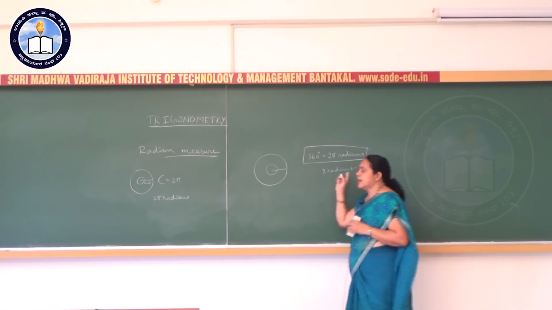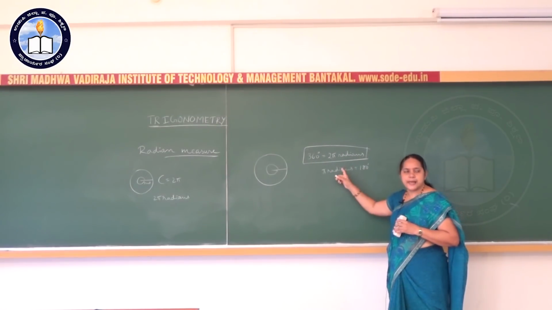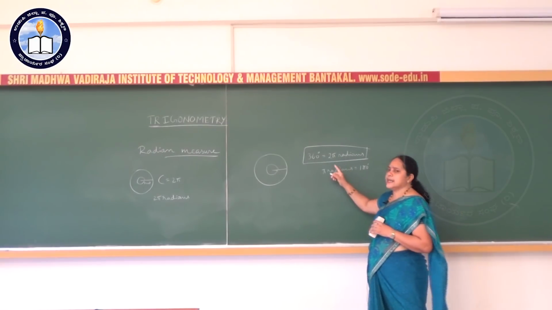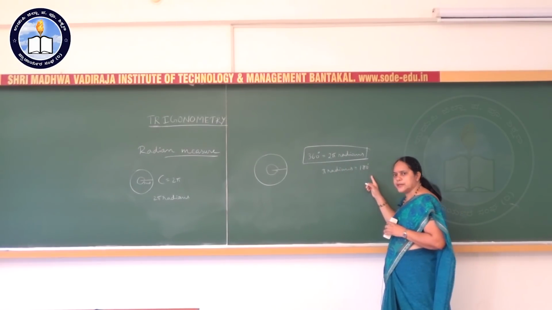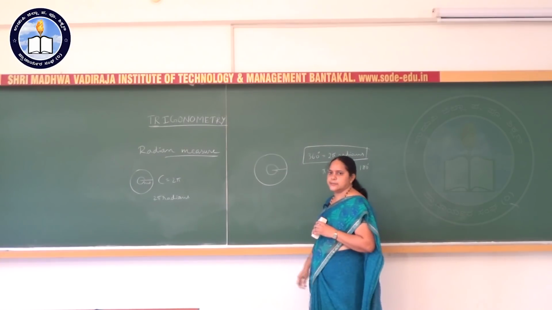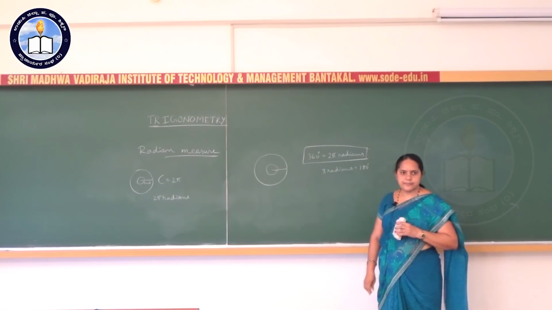This relation enables us to express a given angle in degree measure in terms of radian measure, or radian measure in terms of degree measure.